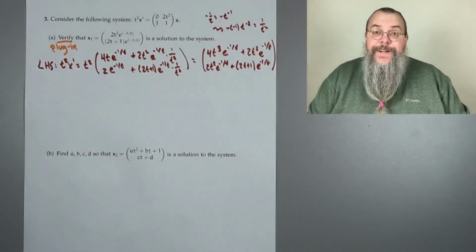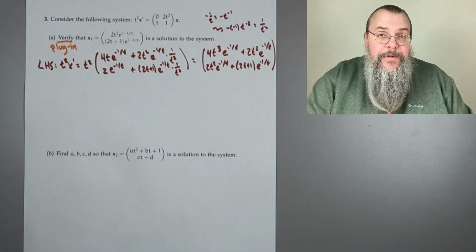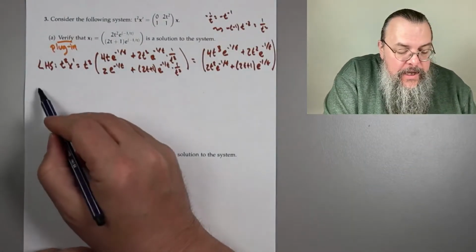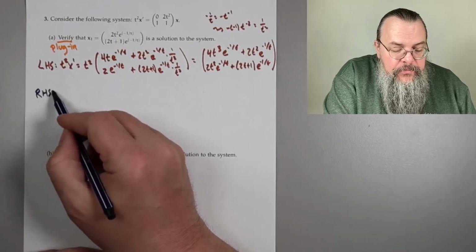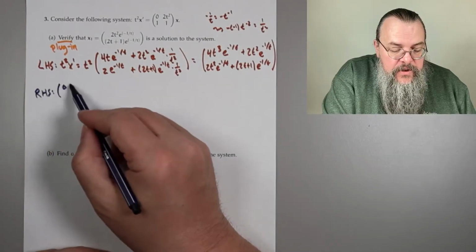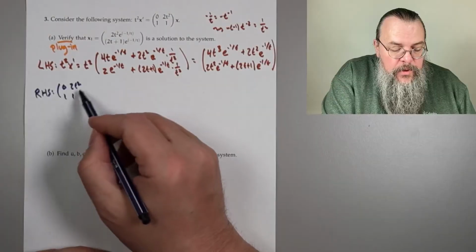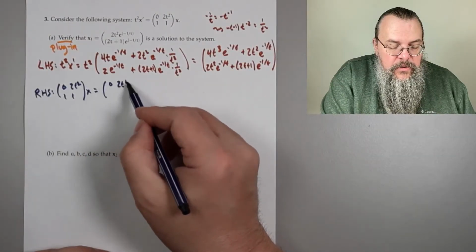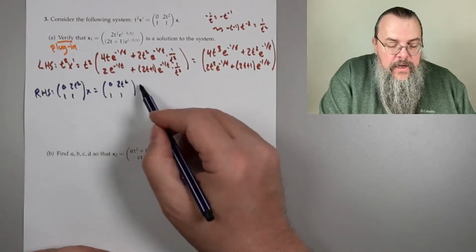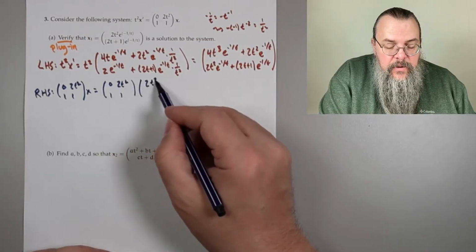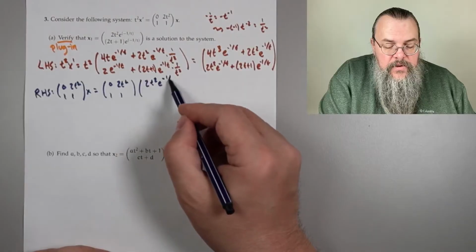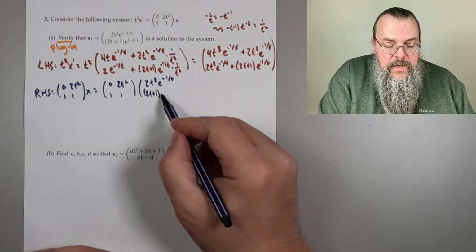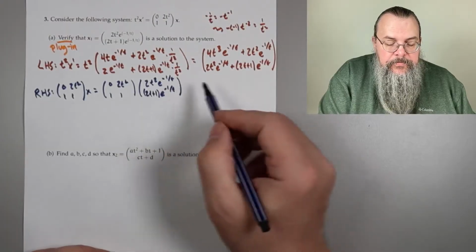Now we've got to do something similar. We've got to do the right-hand side. So we begin. The right-hand side, what happens? Well, we're going to take the matrix 0, 2t squared, 1, 1 times x. That's 0, 2t squared, 1, 1 times 2t squared e to the minus 1 over t, and then 2t plus 1 e to the minus 1 over t.